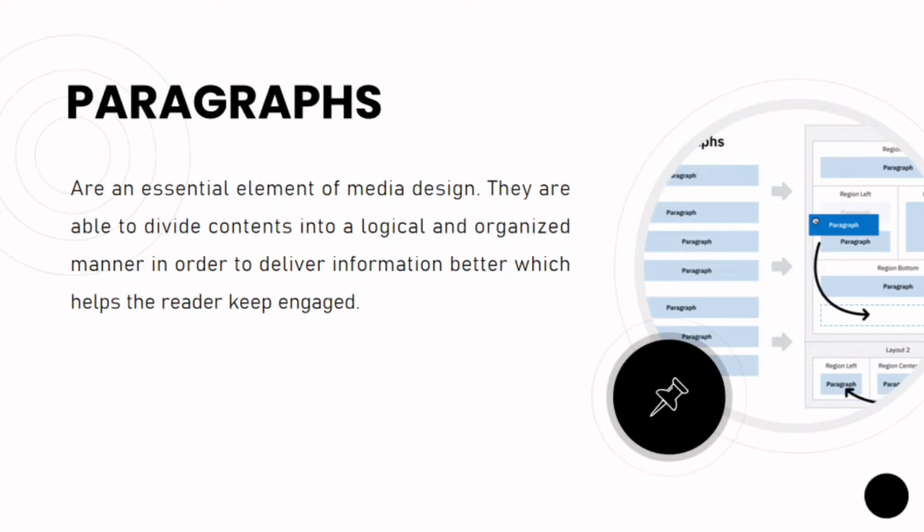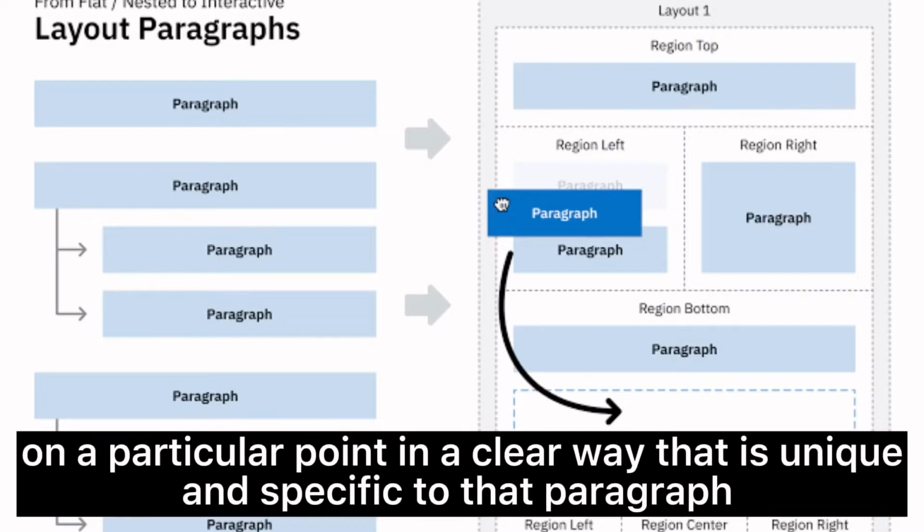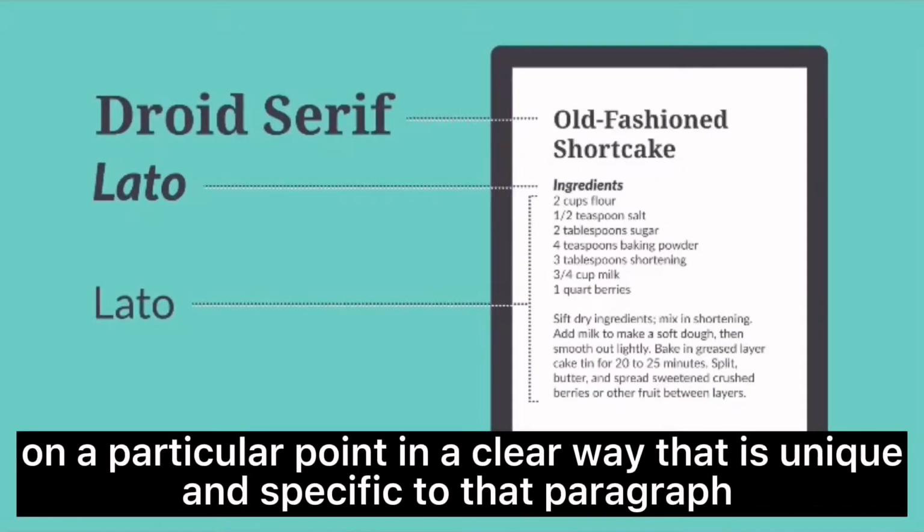Paragraphs. Paragraphs are an essential element of media design. They are able to divide content in a logical and organized manner in order to deliver information better, which helps the reader stay engaged. The purpose of a paragraph is to express a speaker's thoughts on a particular point in a clear way that is unique and specific to that paragraph.